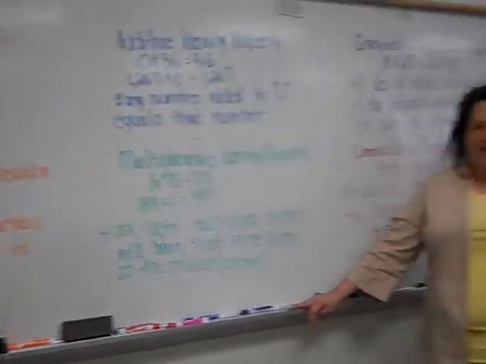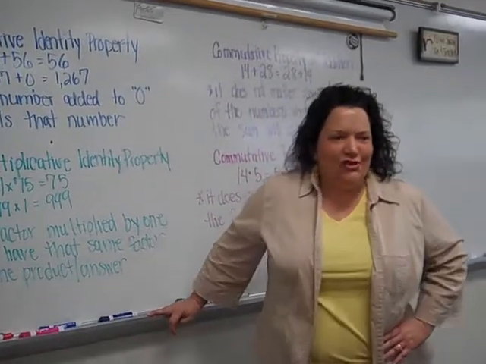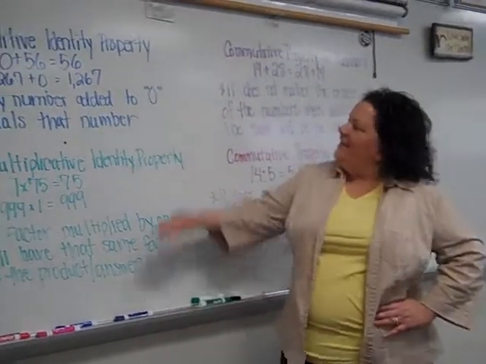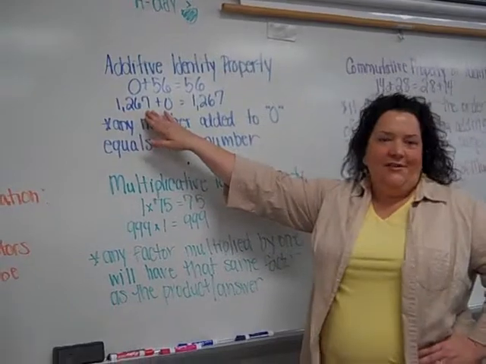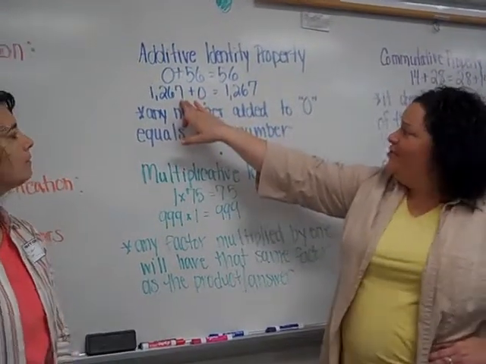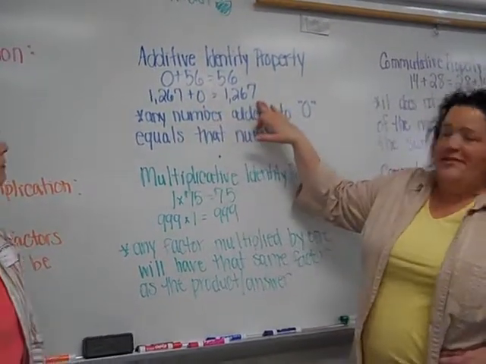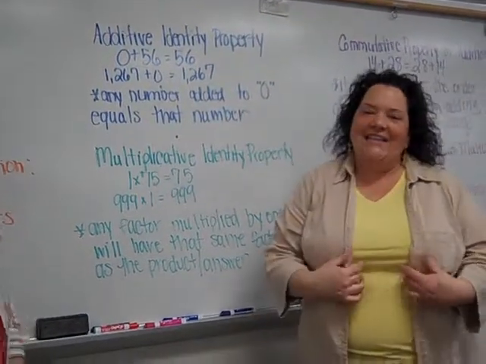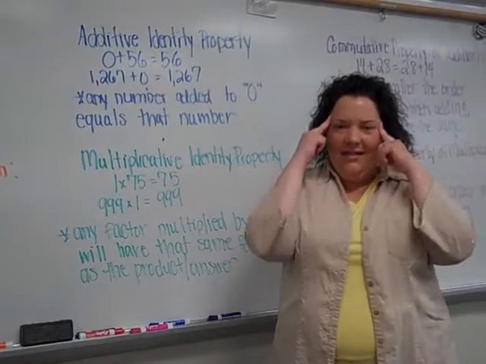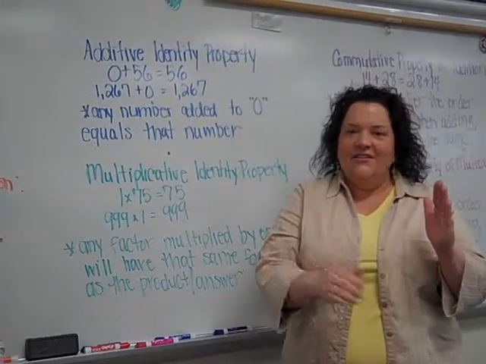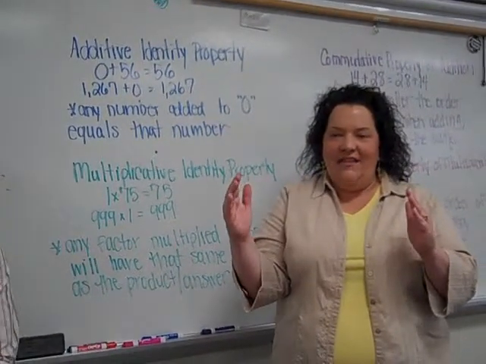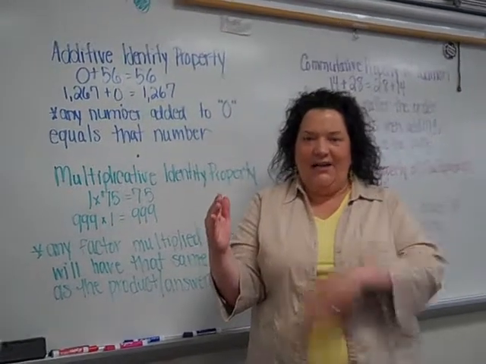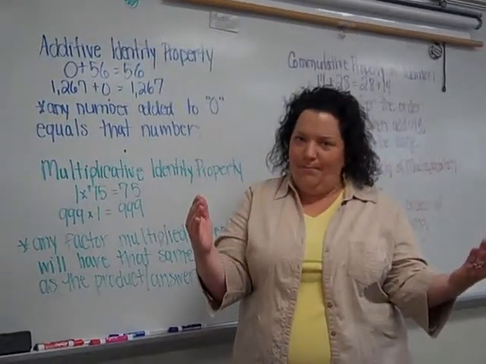And with the identity property, I like to think of identical twins. In this number sentence, we see identical twins. We see the 1,267 and its sister or brother is 1,267. So with identity property, I like to think identical twins. One of the numbers on the other side of the equal sign will also match that sum.